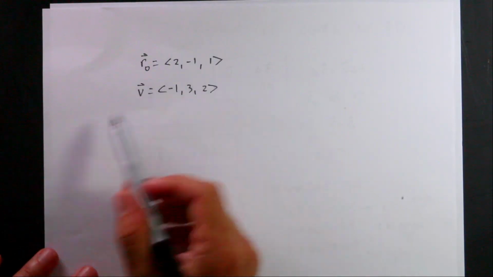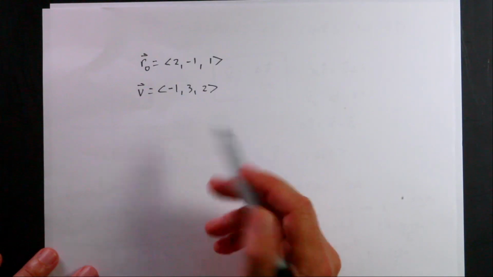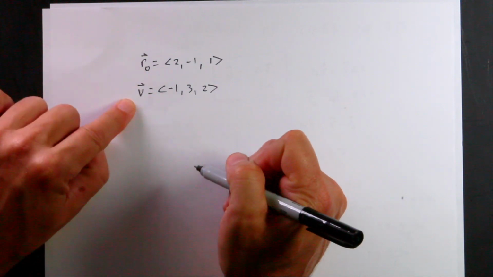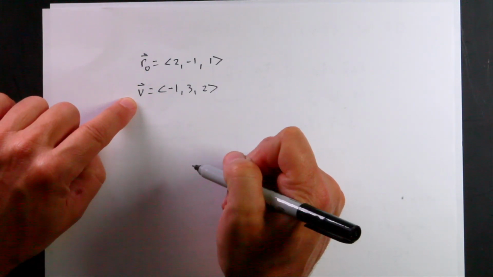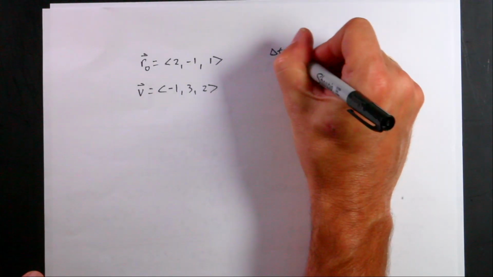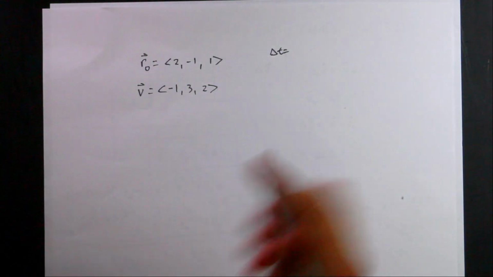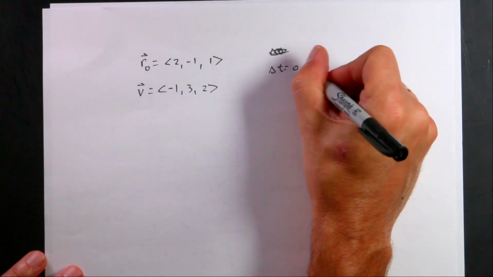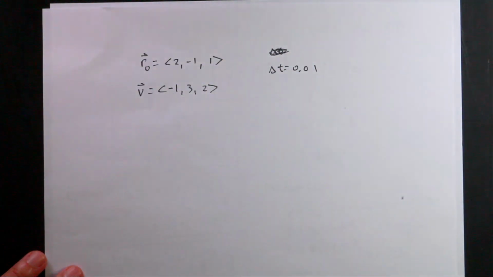And in physics, these would have units, but that's fine. So I'm going to make this a point, give it this velocity, and move it in Python. How do you move things in Python? Well, I'm going to pick a delta t, because I can't plot every single t. I have to pick something. So I'm going to pick delta t is 0.01.